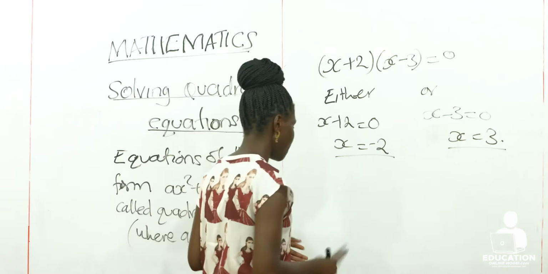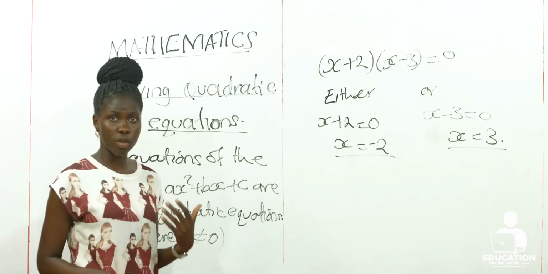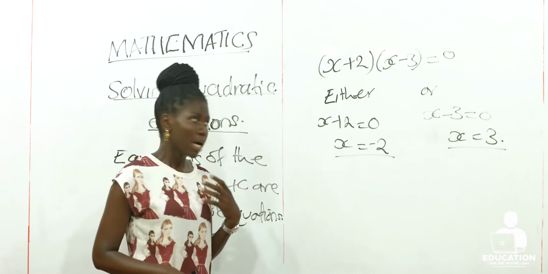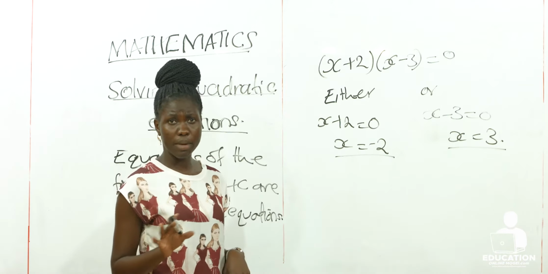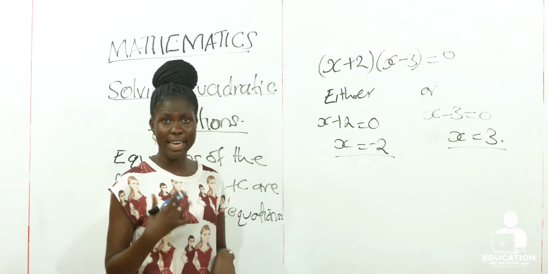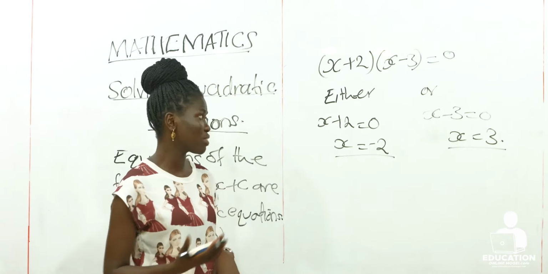We also have different methods of solving quadratic equations. We have several of them, about 3, but we're going to learn them separately so that it can help us to solve quadratic equations easily.